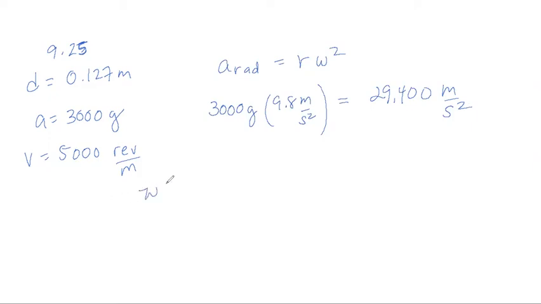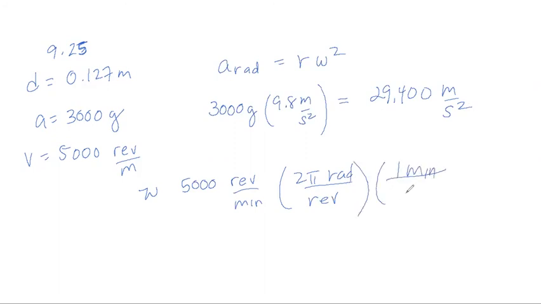So omega is equal to 5,000 rev per minute times 2 pi radians per rev, times 1 minute over 60 seconds. This gives me omega equal to 523.6 radians per second.